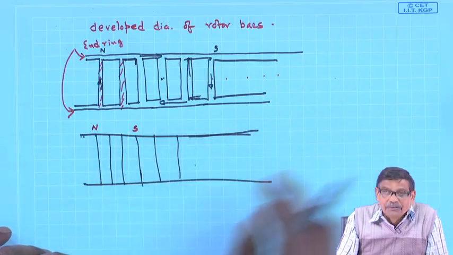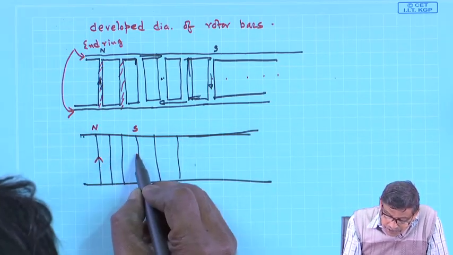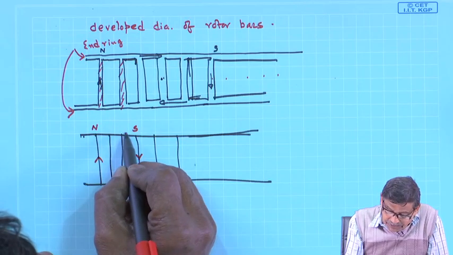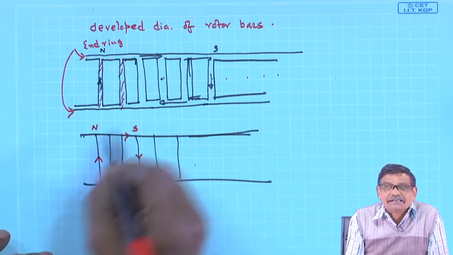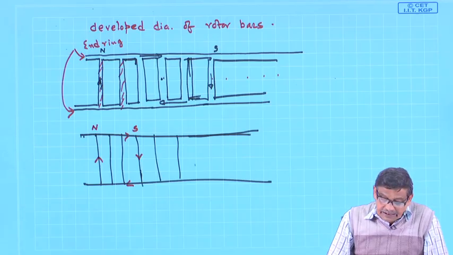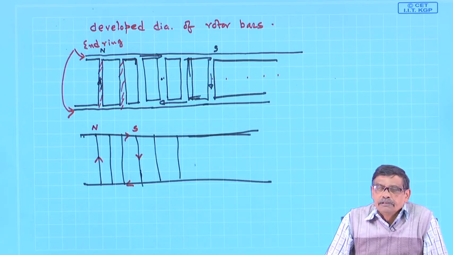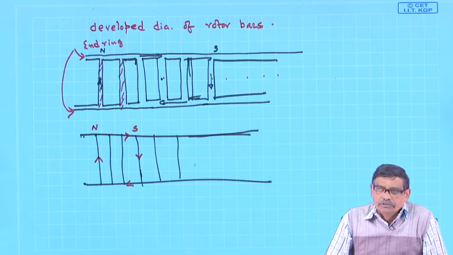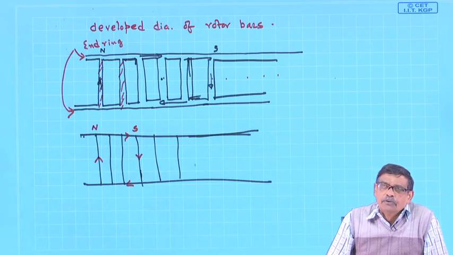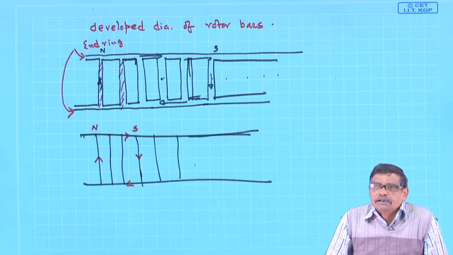Once again north, south. Here this conductor will feel, oh, my return conductor is here, I should circulate current like this. That is why people say a cage induction motor can adjust itself to any number of poles, in general, as produced by the stator.